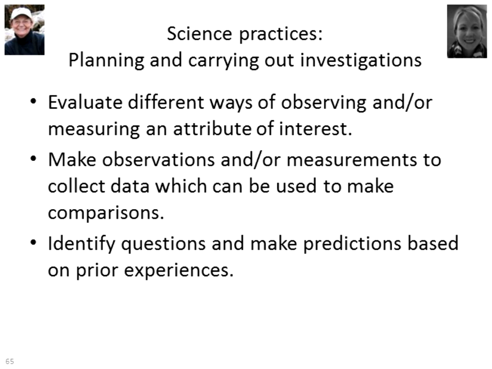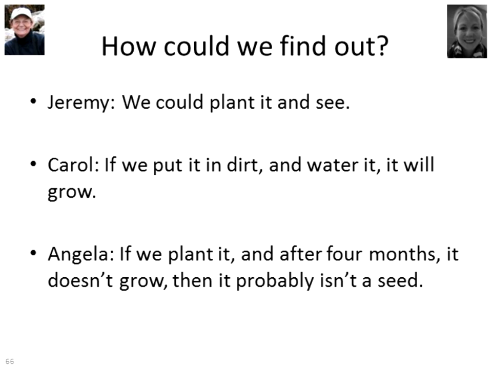We wanted them to come up with a way to find out with our support, to make observations and gather evidence, and then to make predictions based on what they already thought and what they had experienced before, and then to come up with more questions. So in this slide, how could we find out? We had 3 children who came up with ways that we could try it out, and I'll let Jessica talk about that.